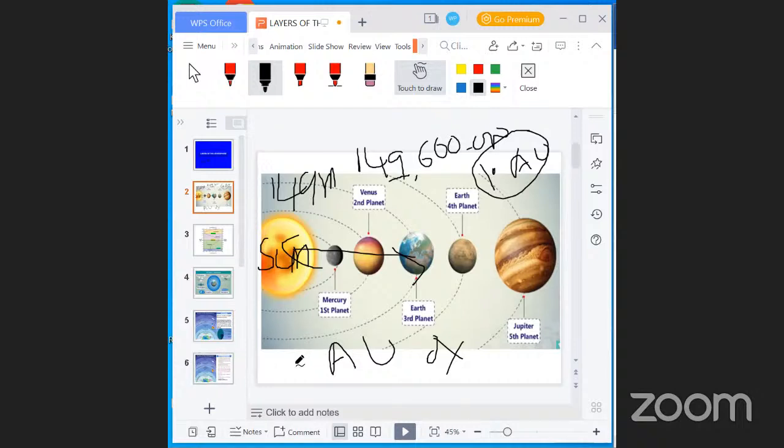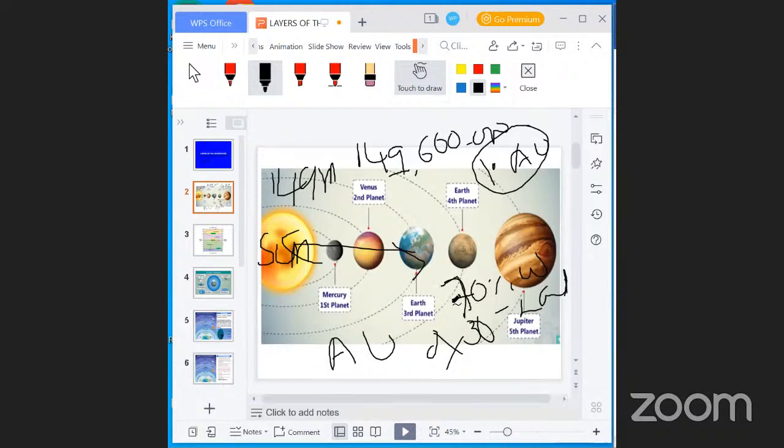Roughly 70% of the Earth's surface is covered by water, mostly in the oceans, and the remaining 30% is land.